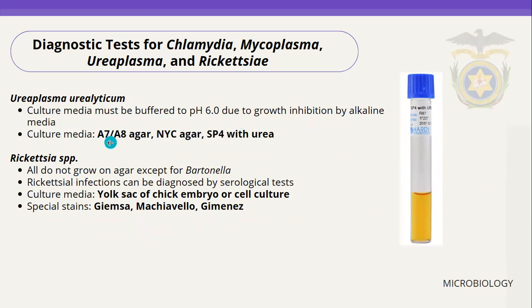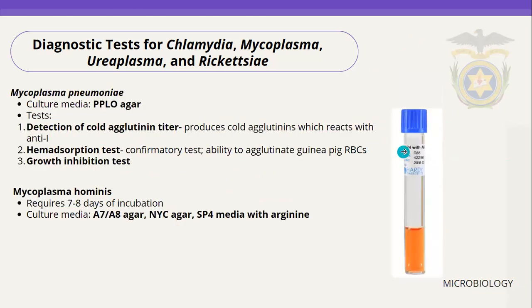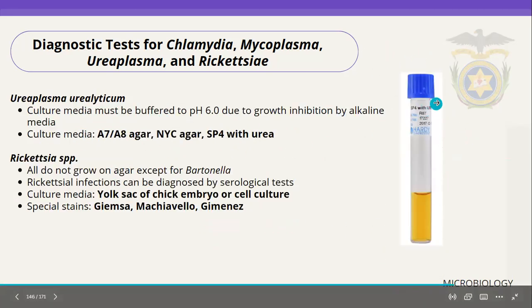So we have here our culture media: A7/A8 agar, NYC agar, and you can see that the SP4 now is with urea, as seen in this tube. For Mycoplasma hominis, it's SP4 media with arginine, and for Ureaplasma, it's SP4 with urea.